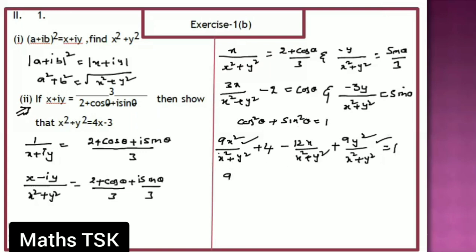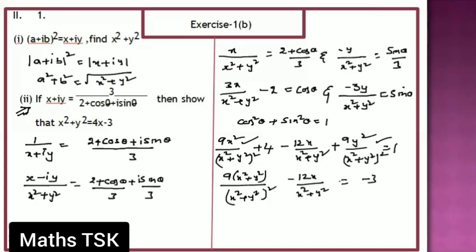Now when you add these two things, 9 into a square, now this becomes a whole square, I made a mistake here. Whole square will be there. There is a 9 into (x square plus y square). The denominator is (x square plus y square) whole square. A square is 9x square by (x square plus y square) whole square. Okay, and then when you take this minus 12x by x square plus y square, and then this is minus 3, 1 minus 4 is minus 3.